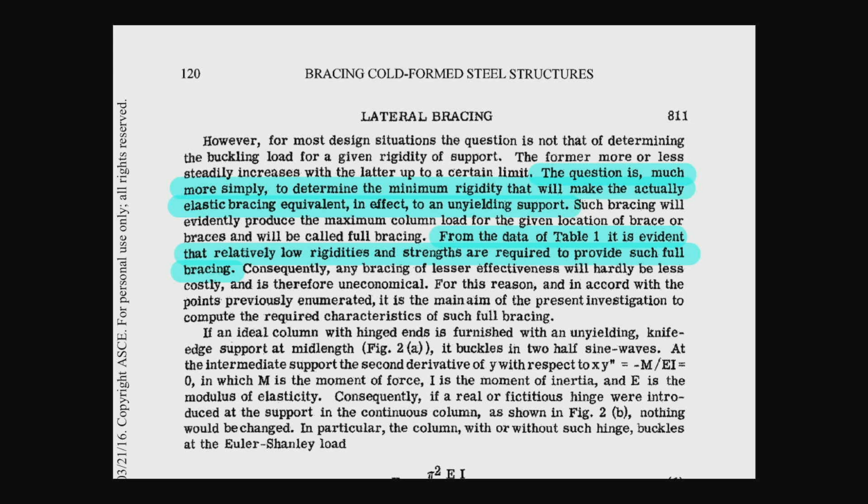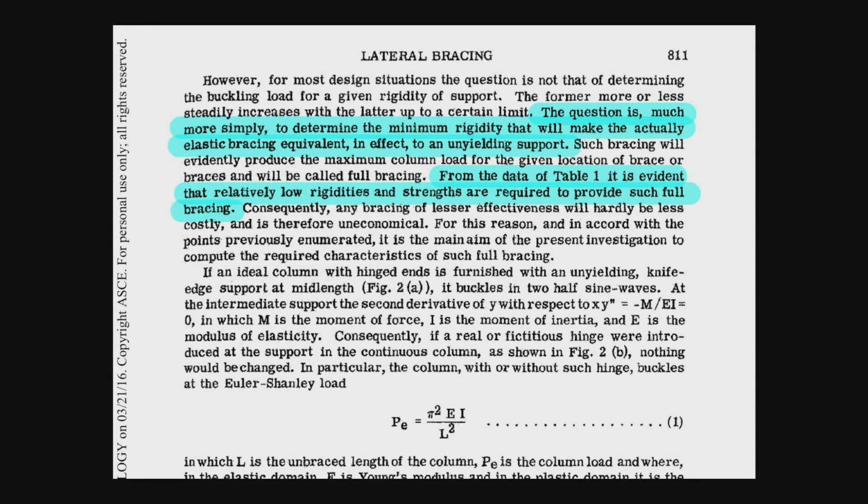So you put too big brace, you don't get anything back, because you can see that the test shows that it is around a few percent in comparison with column load. So we need to find precisely by the analytical approach what will be the required brace stiffness to mobilize the full column force. Okay, so the question is much more simply to determine minimum rigidity.